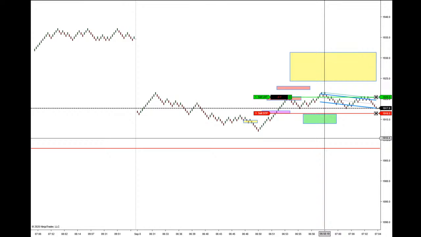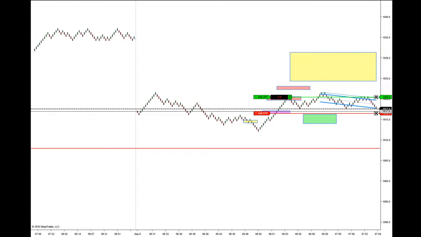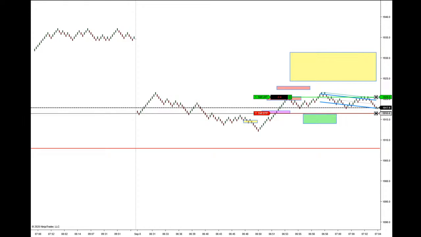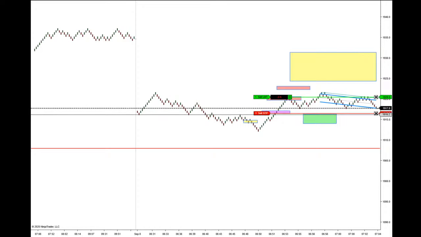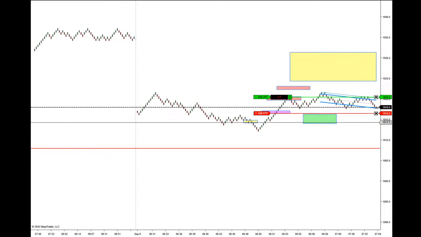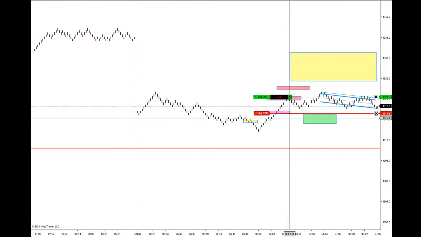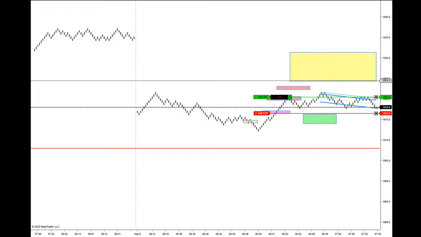Alright, prove me wrong, market. If it bounces off of 17.1, we're good. But it can go all the way down to 16.5. You know what, I'm gonna leave this.